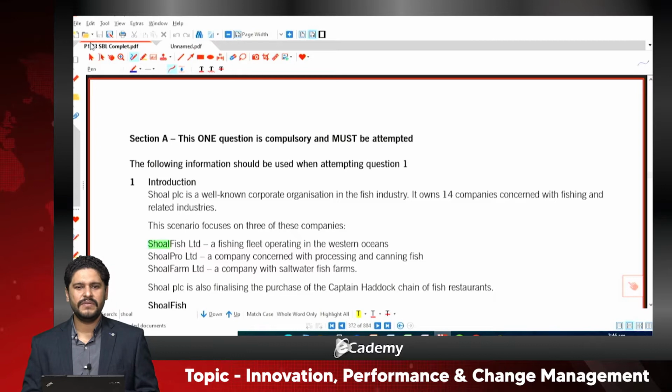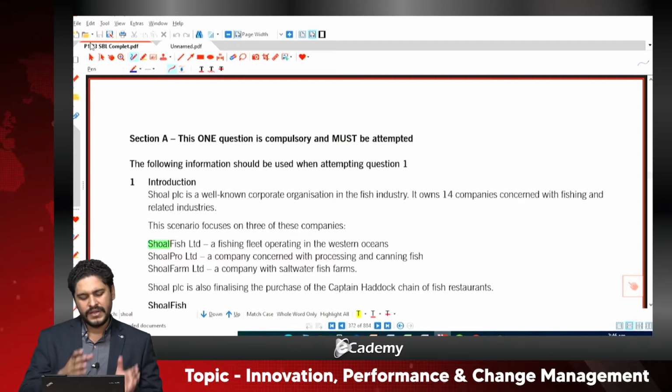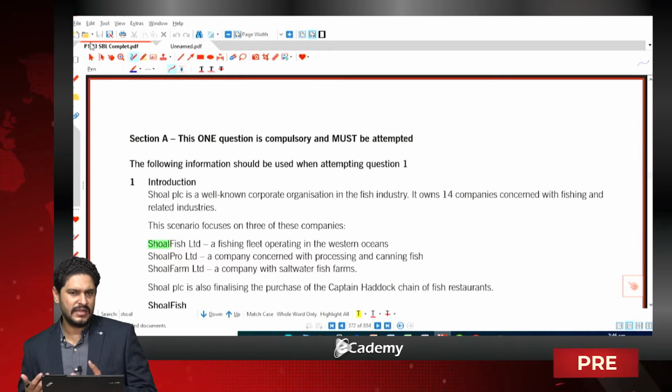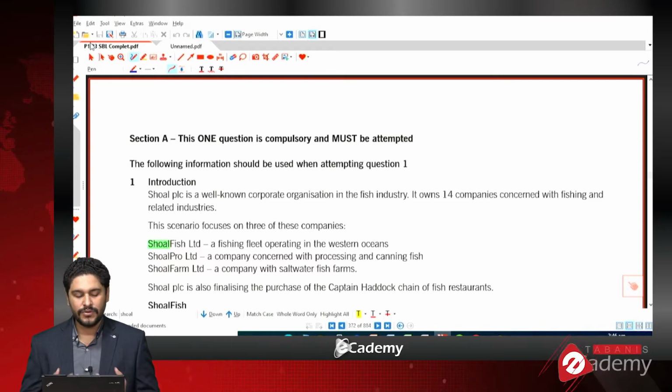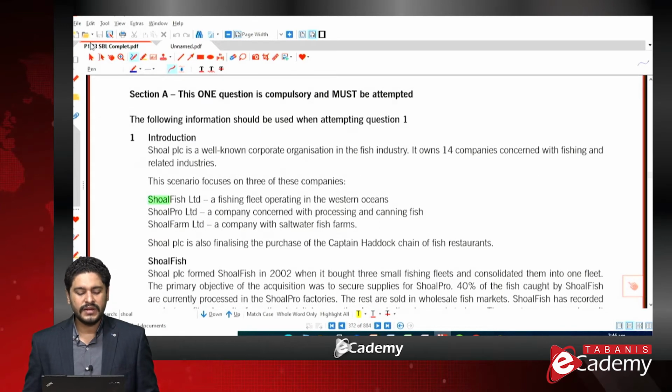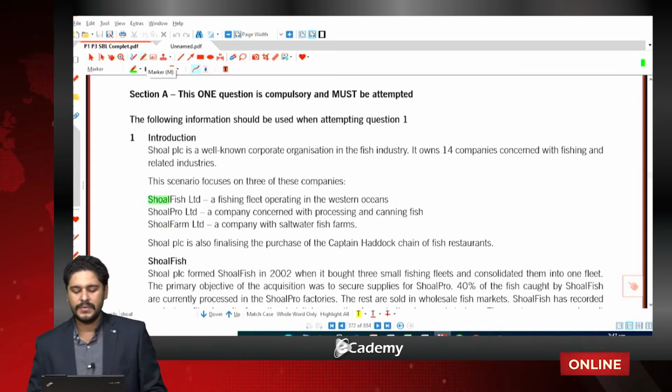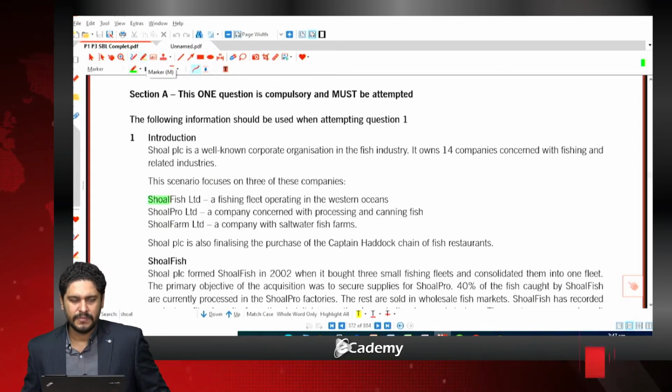Although this is a P1 and P3 past paper, so there is no perfect format being tested in this. However, we can go through the theoretical area first, and once we start doing the SBL examination, then we will be going through the practical part. This question of Shoal PLC relates to the P1 and P3 past papers.